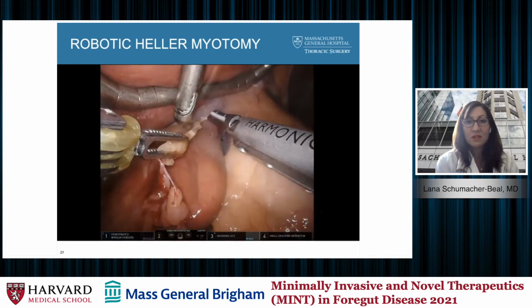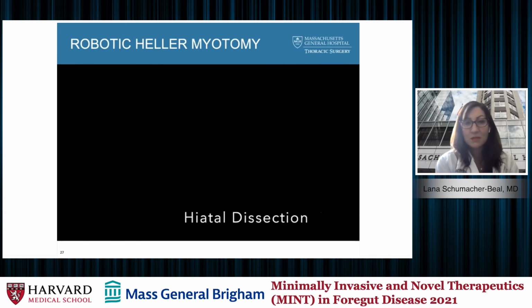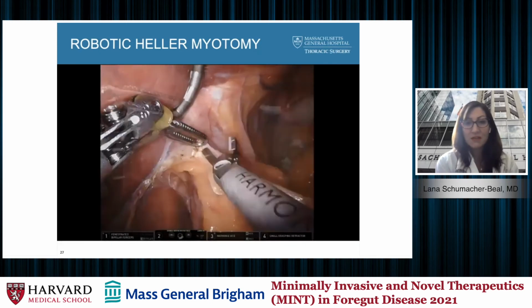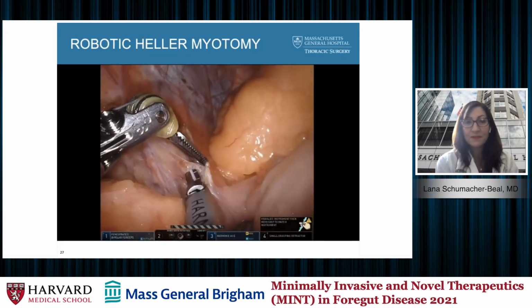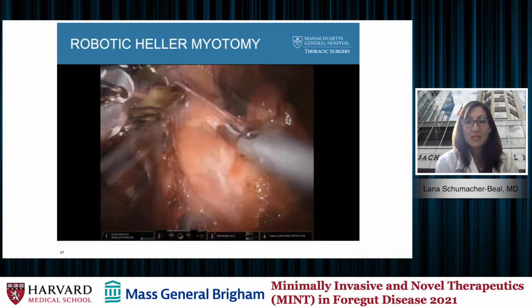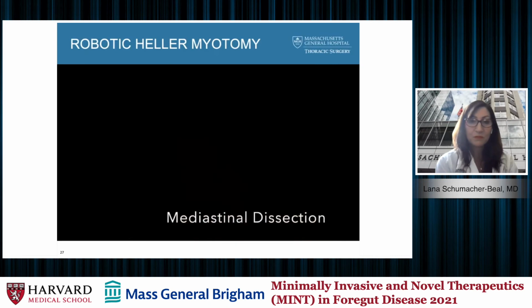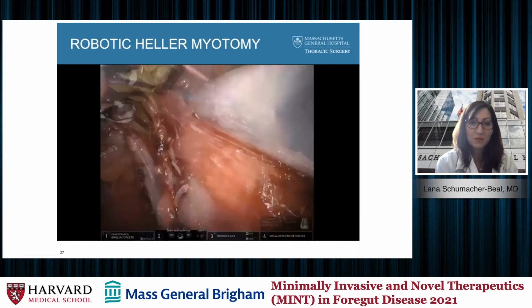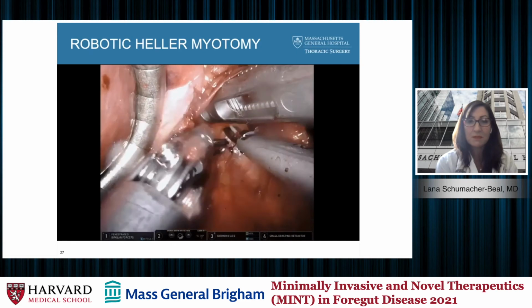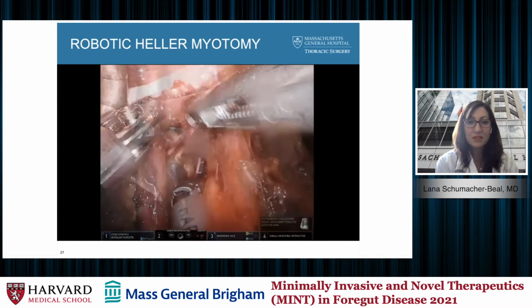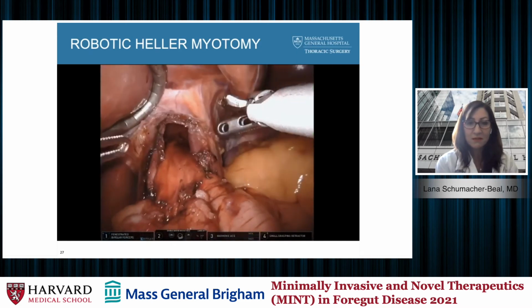Let's start by taking down the gastrohepatic ligament, doing the hiatal dissection, taking off the phrenoesophageal ligament, entering into the mediastinum. And the advantage, I think, of robotics is that you can really get high in the mediastinum and mobilize that esophagus to create a very long myotomy.